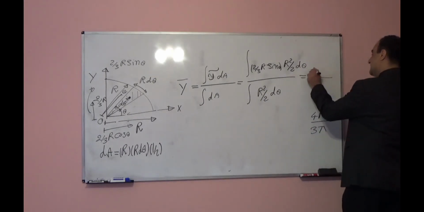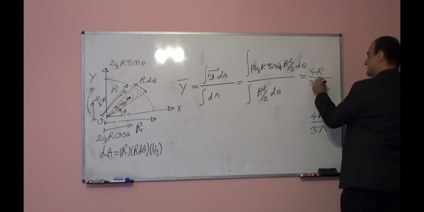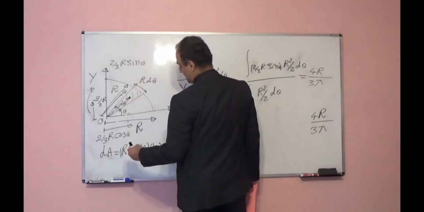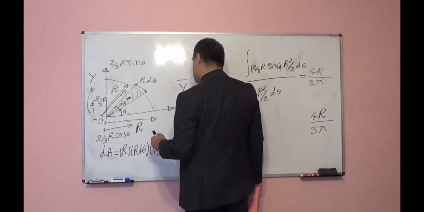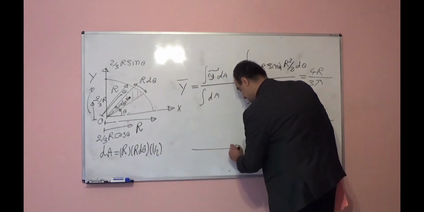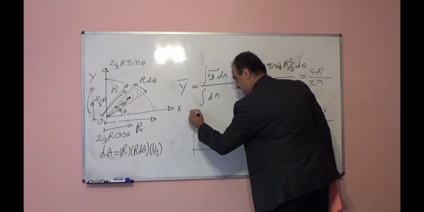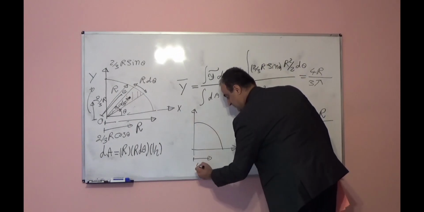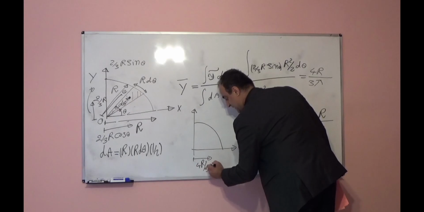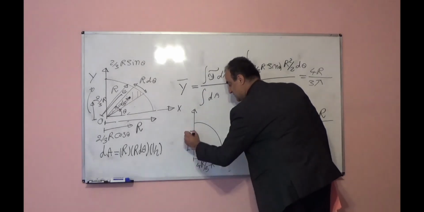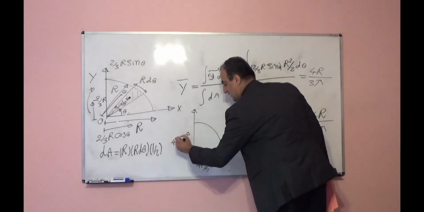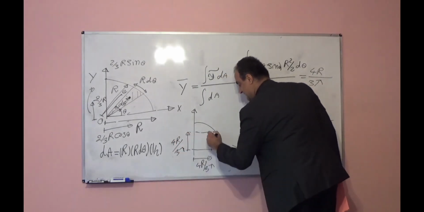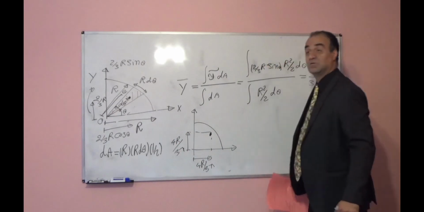Of course, even without that, you can understand it from common sense, because this is a symmetrical shape. If the centroid in the x direction is 4r over 3 pi, in the y direction it should be the same, 4r over 3 pi. So this will be the centroid location.